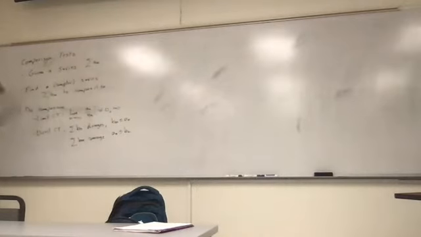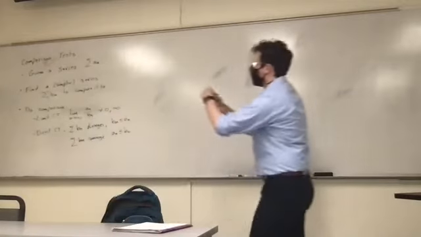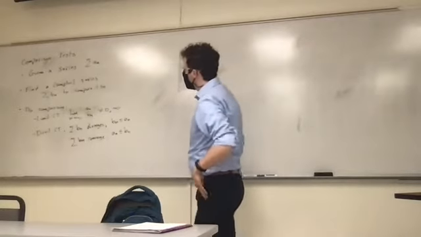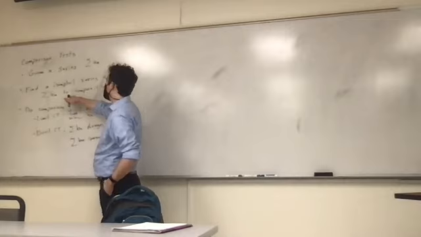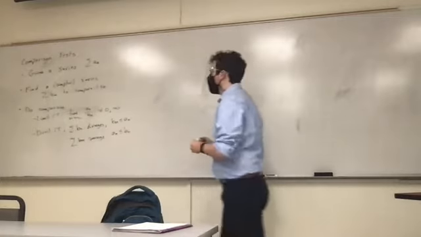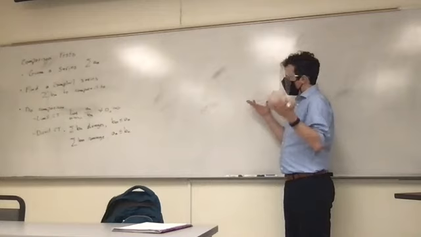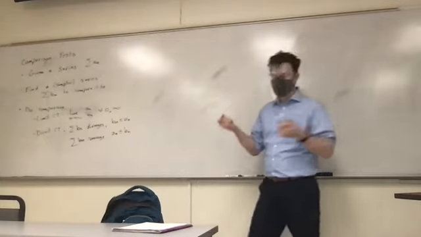And then as always, there's this summary sentence at the end, which kind of wraps up what we want to say. But for these comparison tests, there are these two important parts. And while finding a comparison series is you just pick one, we do want to spend some time thinking about how do you pick the right thing.